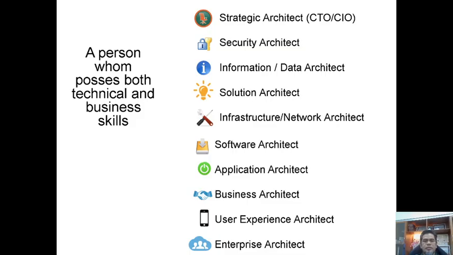So this is normally the person who has both technical and business skills: strategic architect, CTO, CIO, like me, CDO, security architect, information data architect, solution architect. Solution architect means they provide a resolution for the problem of the company using digital transformation.